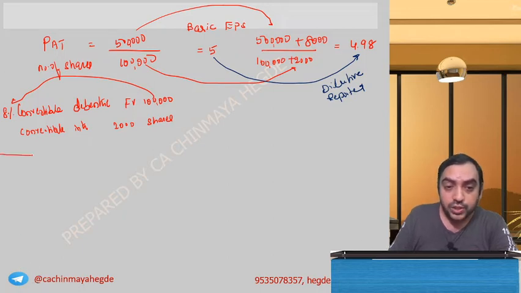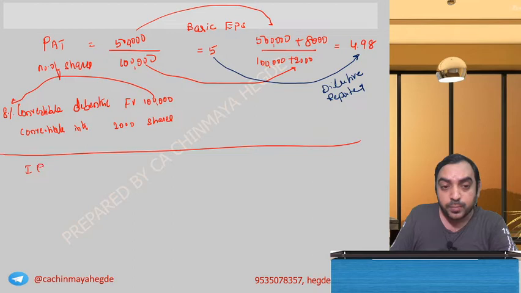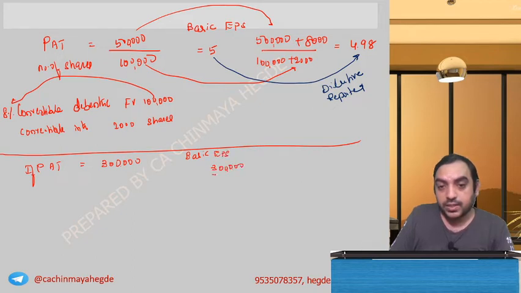Now just imagine a small change. If profit after tax is not 5 lakh but 3 lakh, then what will happen? Basic EPS is 3 lakh divided by 1 lakh, which is 3 rupees. The incremental amount is the same, 8,000 and 2,000: 3 lakh plus 8,000 divided by 1 lakh plus 2,000.